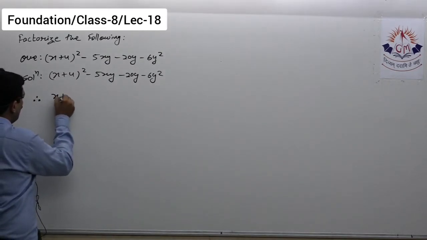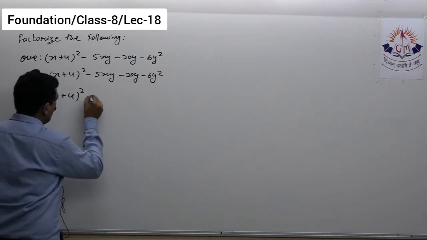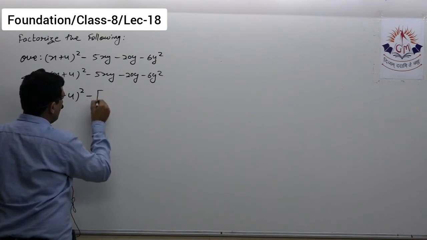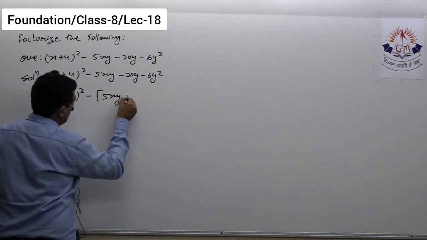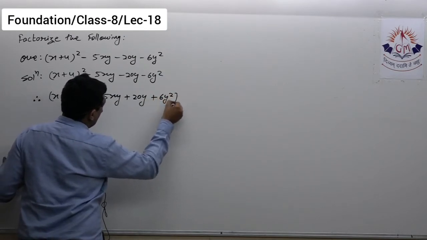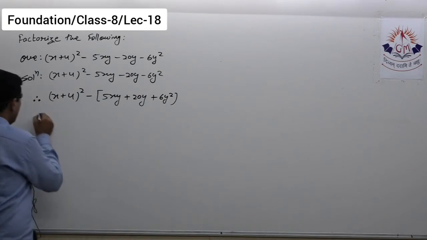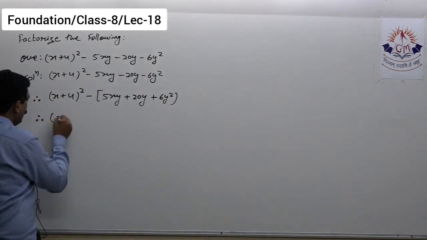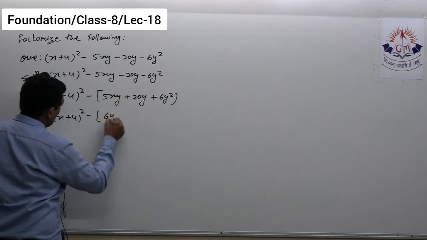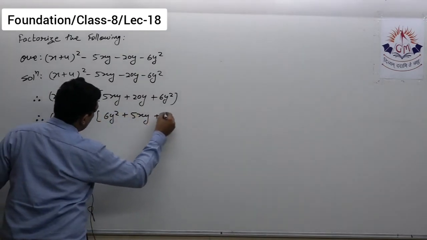So first of all I am taking the minus sign common. So here I get 5xy plus 20y plus 6y square. This might be a complete square because we have 6y square over here. So let me rewrite this: x plus 4 whole square minus 6y square plus 5xy plus 20y.